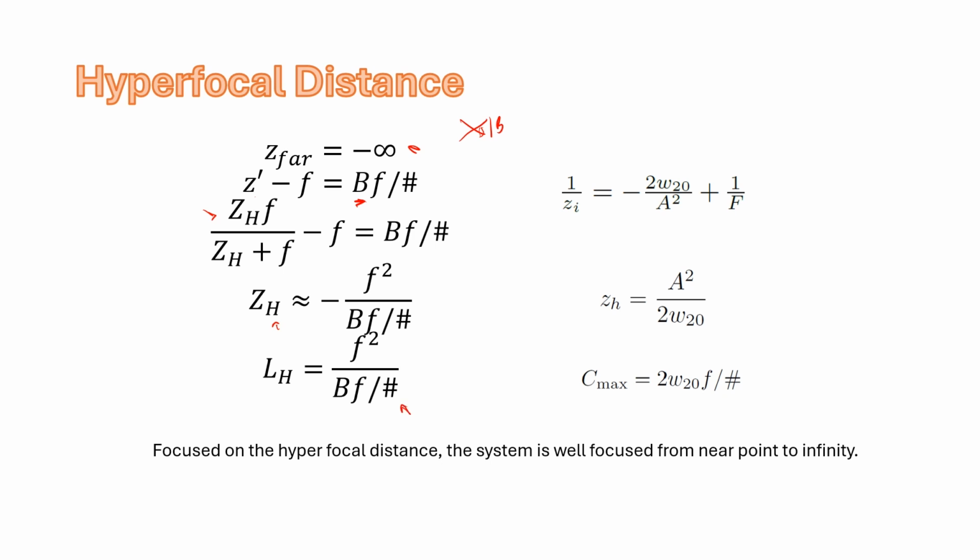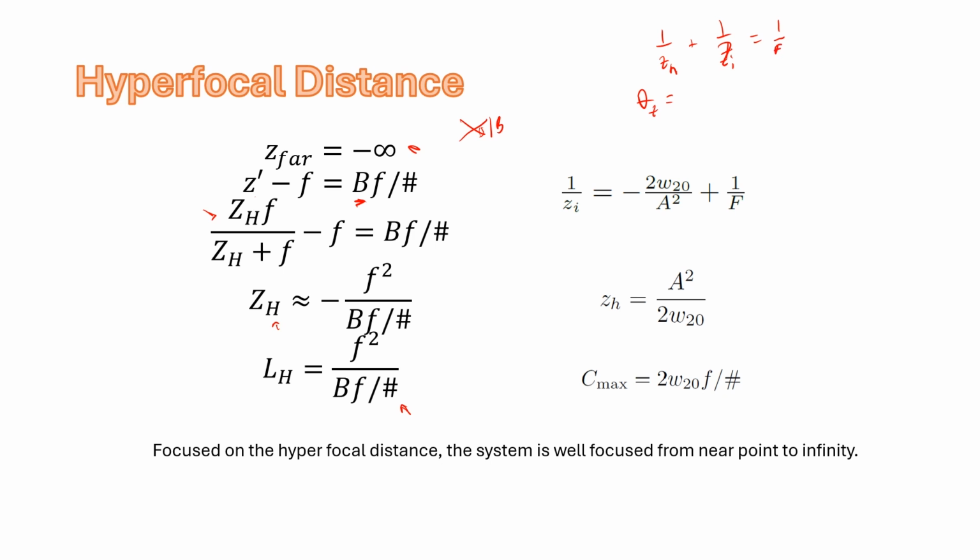Now for the wavefront analysis, we're going to say that theta_Z is our wavefront error, and so if we set the wavefront error equal to 0 at the hyperfocal distance, that means that 1 over the hyperfocal distance plus 1 over Zi is equal to 1 over f at the hyperfocal distance.